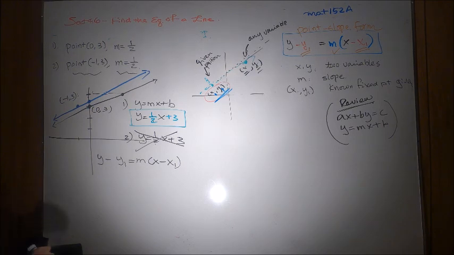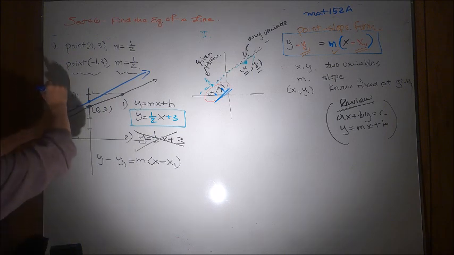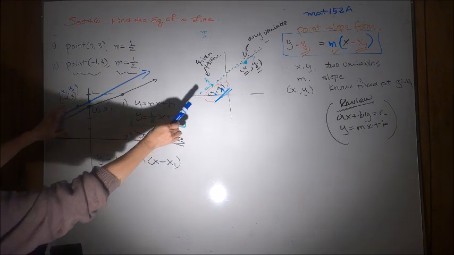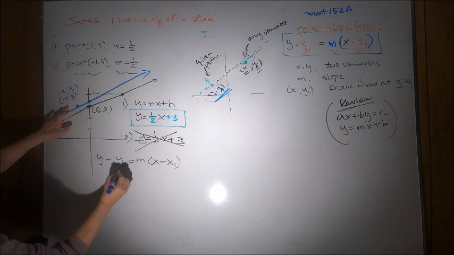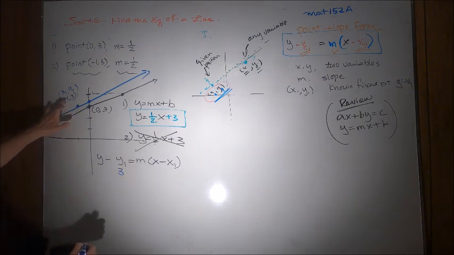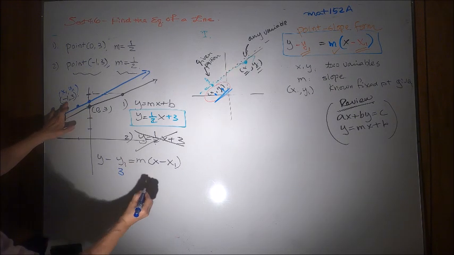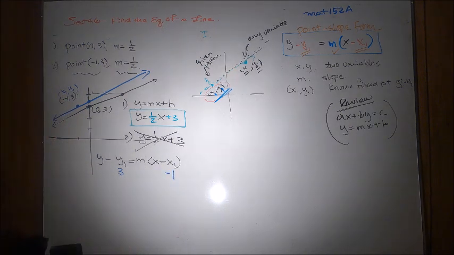So you keep y and x. That's your variable for the equation. What's your y1? The given point is (x1, y1), right? So you plug in y1 for 3. Then you plug in x1 for -1, right?